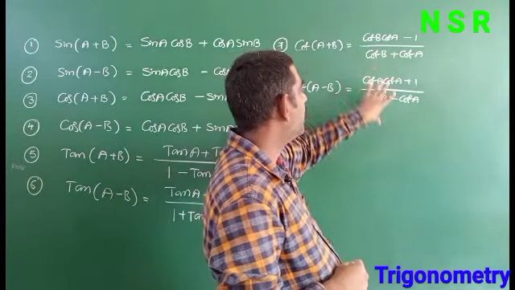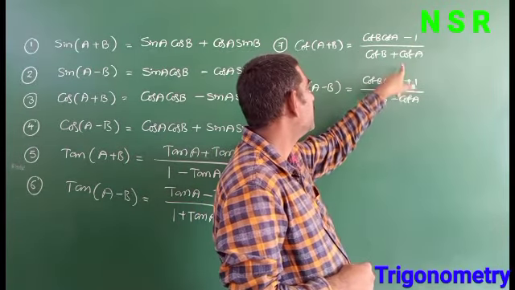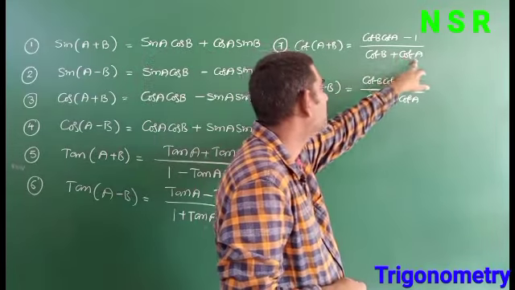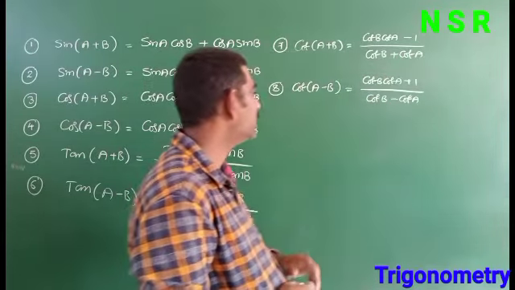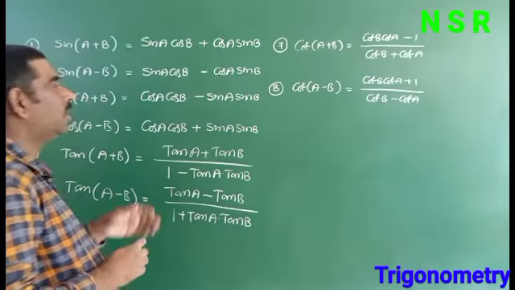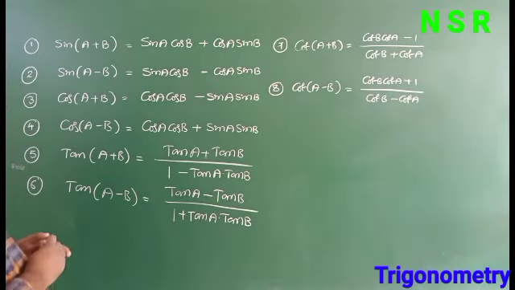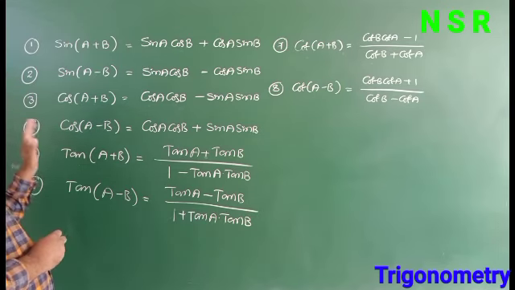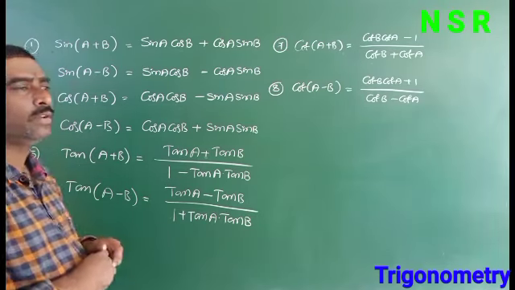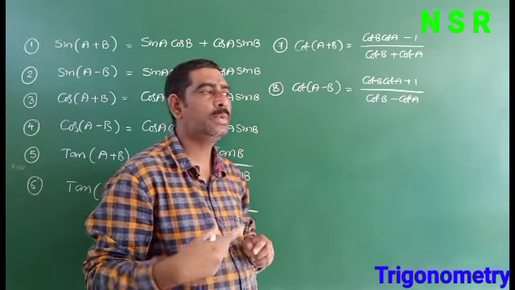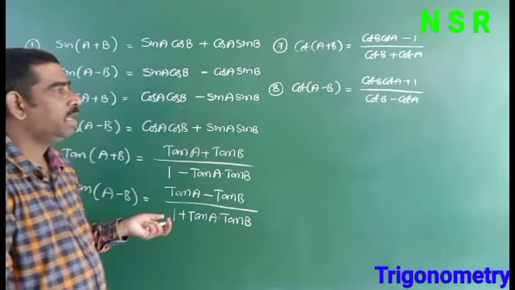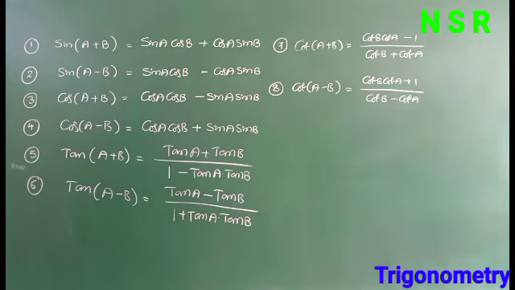The formula is the same: in place of minus write plus, in place of plus write minus. So these all are compound angles of the trigonometric ratios sin, cos, tan and cot. Using these formulas we can find other trigonometric ratio values, those are sin 15 and sin 75. These formulas are very important. Remember this one.